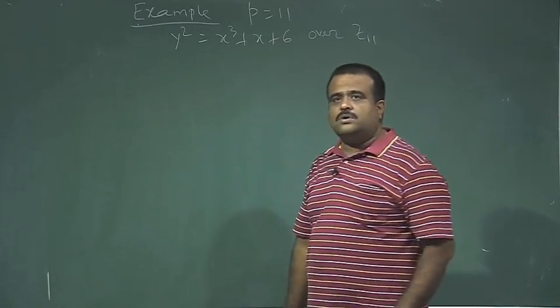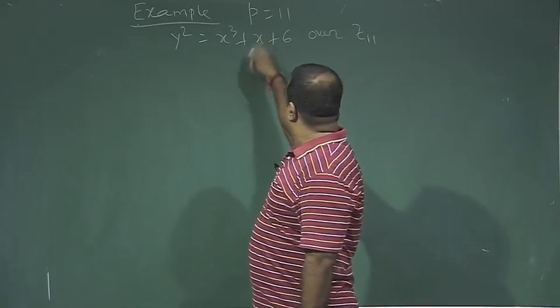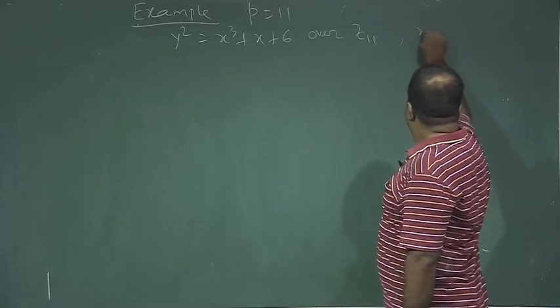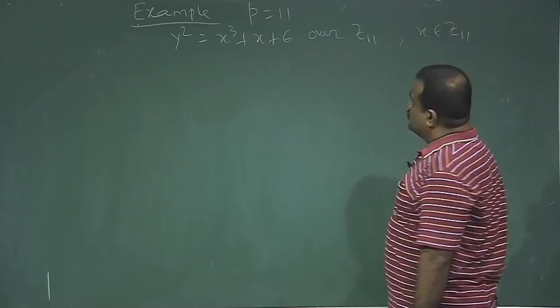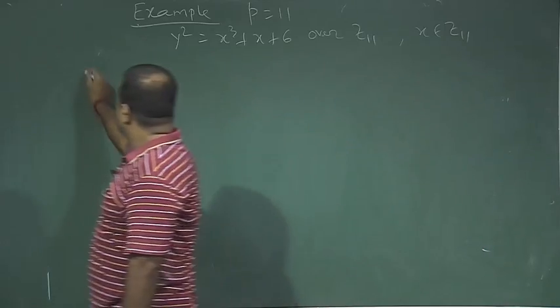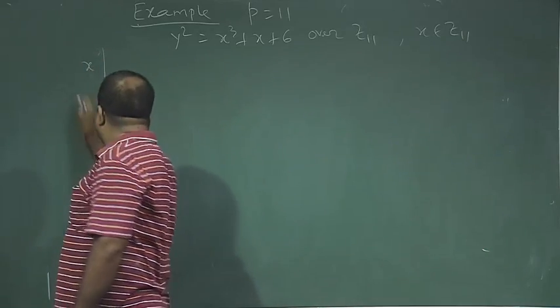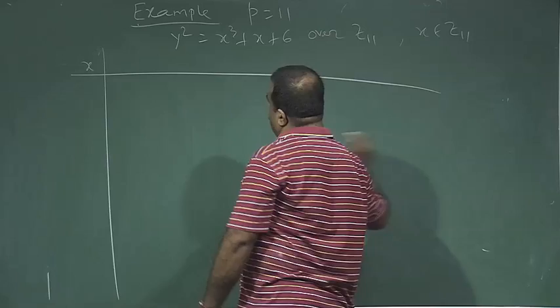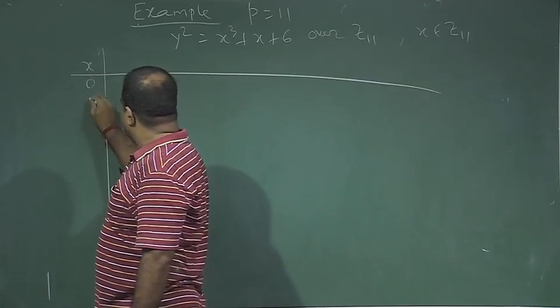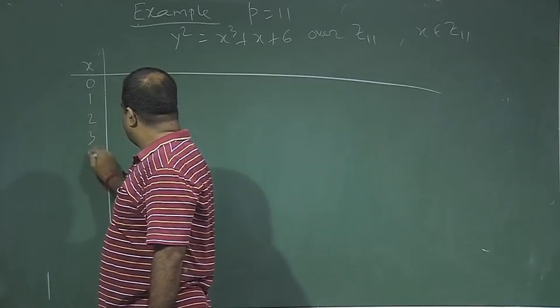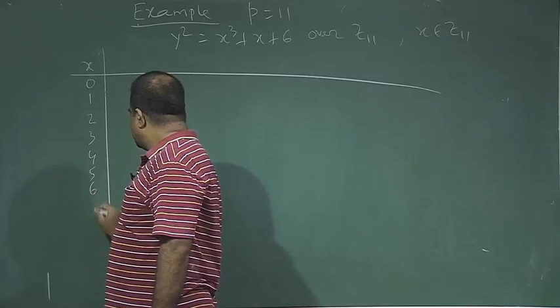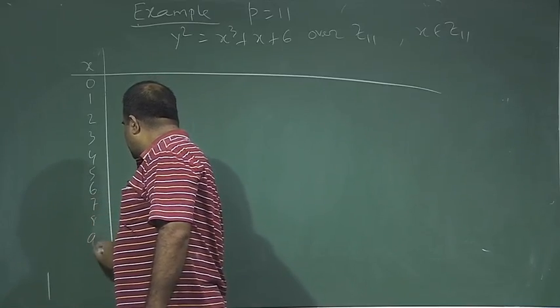Now, what do we do? We compute, so x is coming from Z 11. So, we compute for all the values of x. So, x is taking values 1, 2, 3, 4, 5, 6, 7, 8, 9, 10.